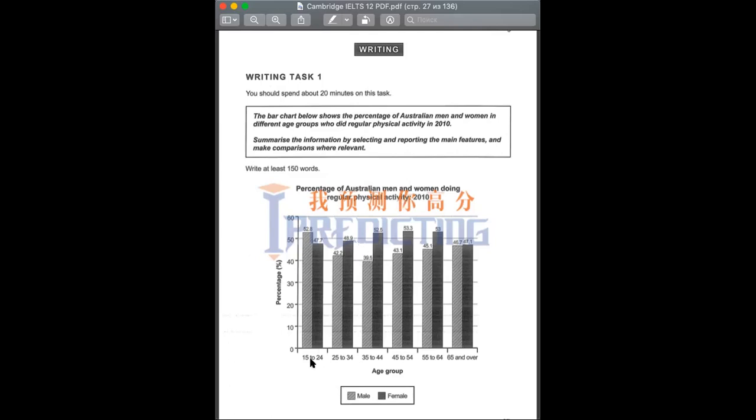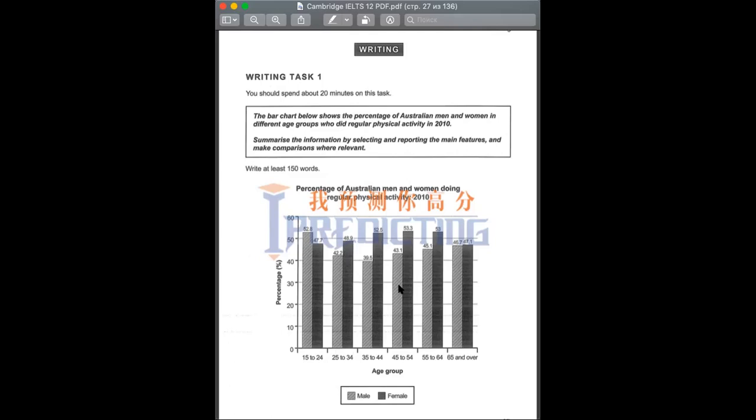We see that in this age group there are more men who do physical activity than women. But in this age group we see a different situation, because this one is lower than this one.